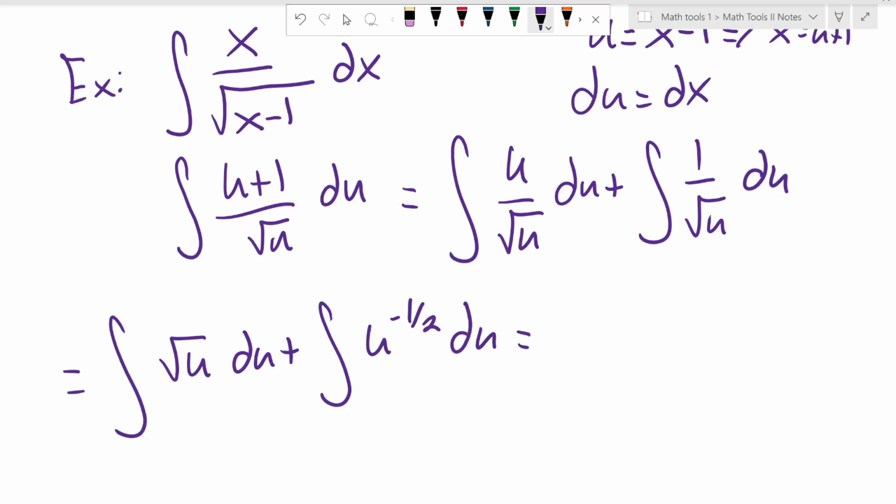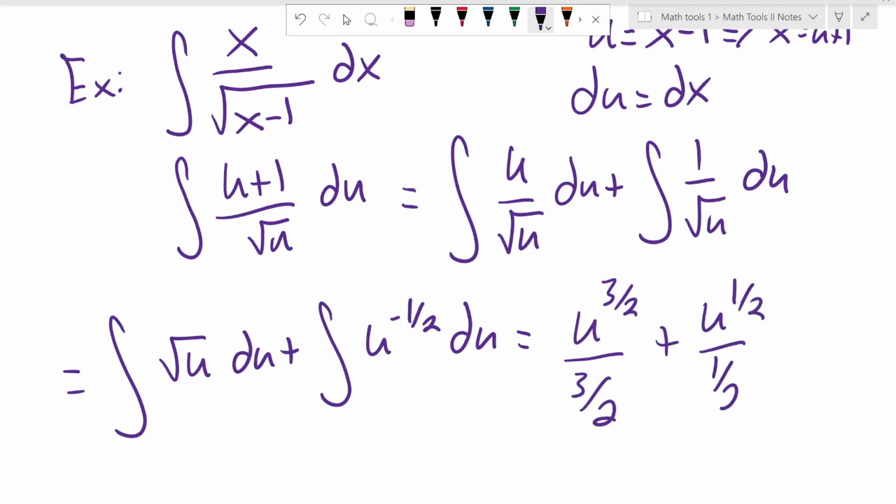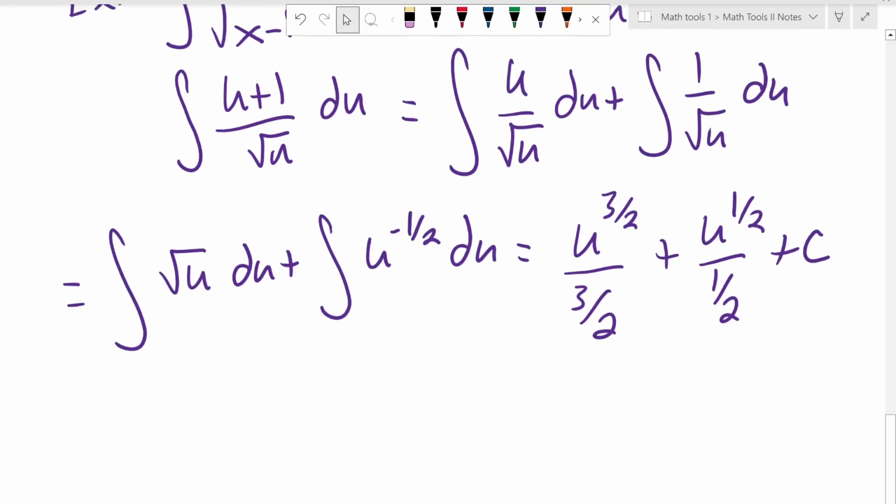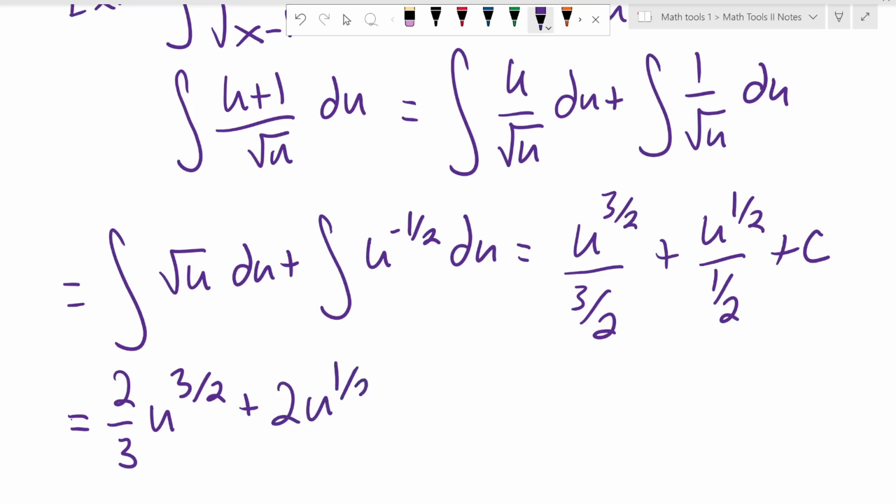So u to the 1/2 is going to be u to the 3/2 over 3/2. u to the negative 1/2 is u to the 1/2 over 1/2. And then we have a constant. You don't need two constants, so you can just combine them into one constant. So then that's equal to 2/3 u to the 3/2 plus 2 u to the 1/2 plus c.